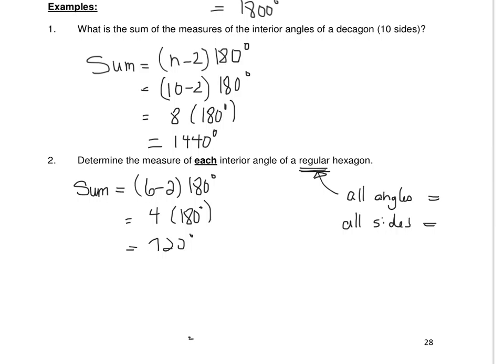So if they're all equal, each angle should be 720 divided by 6, because there were 6 sides, so that means there's going to be 6 angles, so that would give you 120. Each angle should be 120.